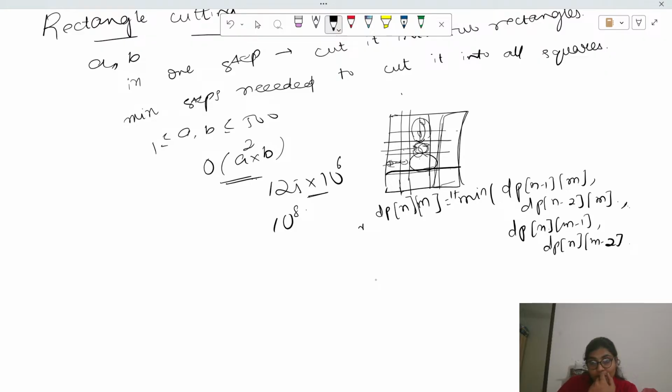If this is minimum, we can just consider this part. Minimum of these two. We can just consider minimum of these two. Then we will be fine.